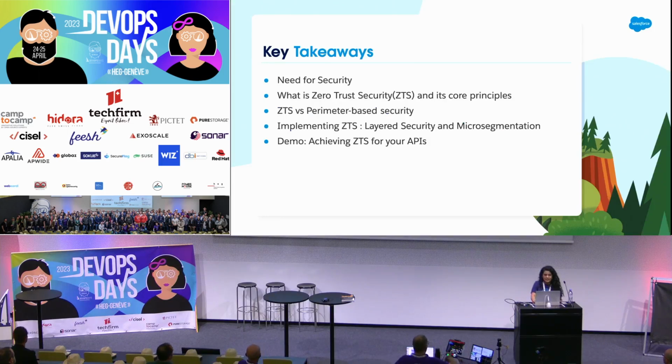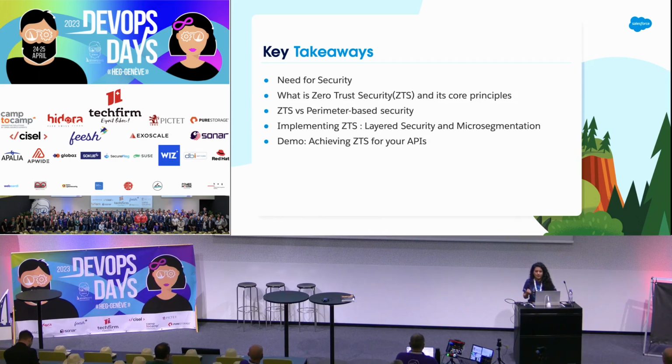So we have already seen how we implement API security. You have seen what is the need for API security, and what zero trust security actually is. Let me revise it completely for you.